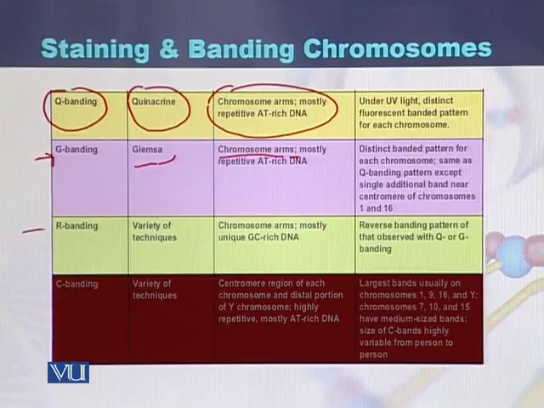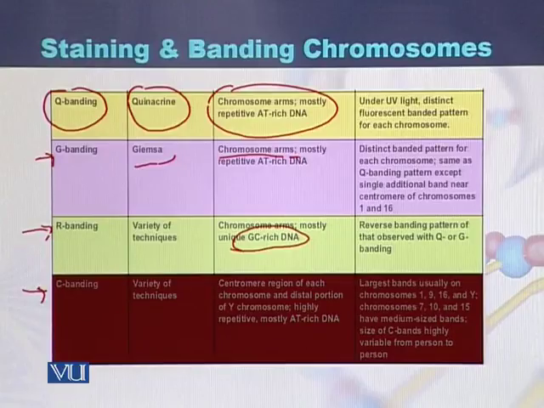In case of R banding, there is a variety of techniques used to perform the R banding. In this case, again, chromosome arms show the banding pattern. But R banding is specific for GC rich regions of the chromosomes. The 4th type of the banding pattern is C banding.